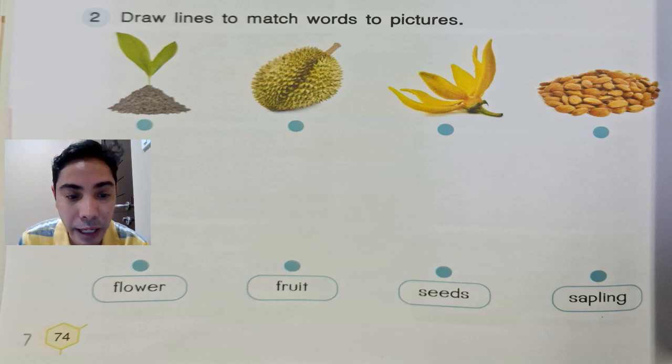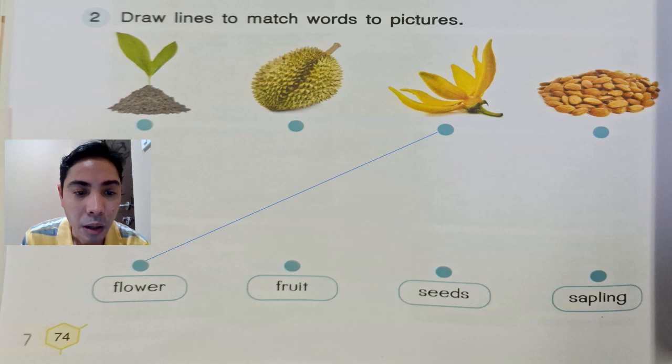So we have here flower. And this flower, what is the picture that best describes flower? This one, flower.